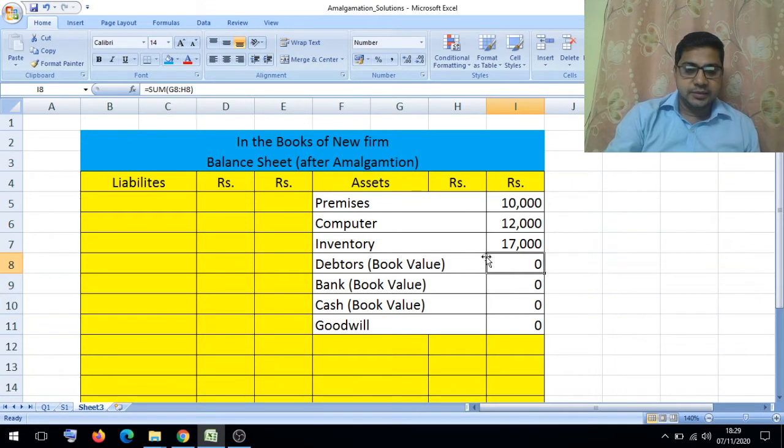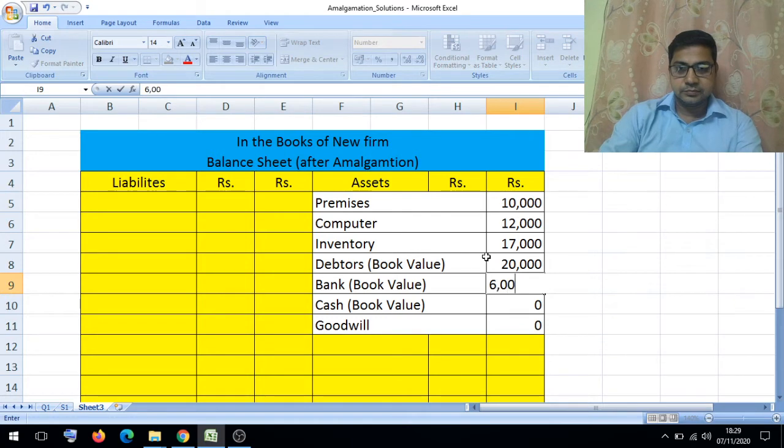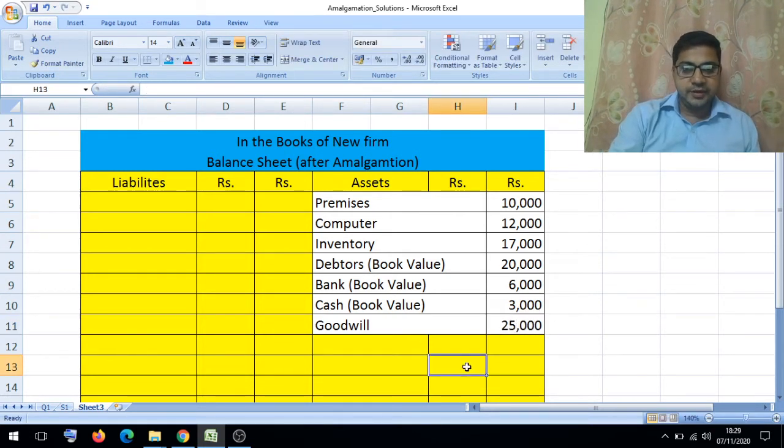Then debtors total we mention here, it is 20,000. Then bank balance 6,000. Then cash is 3,000 and goodwill 25,000. Okay, fine. I hope you understood. We acquired all this from the purchase consideration.